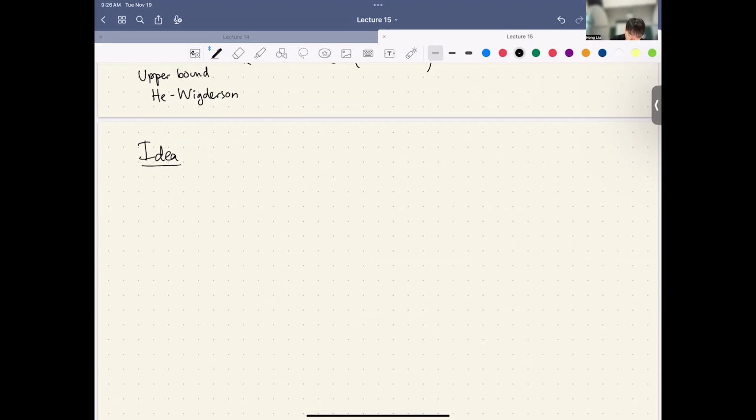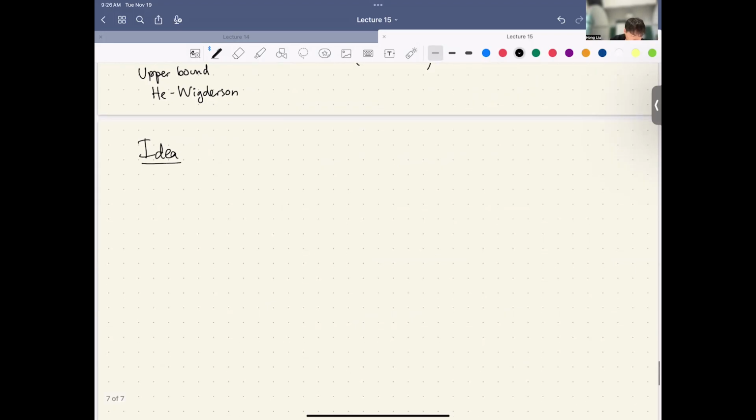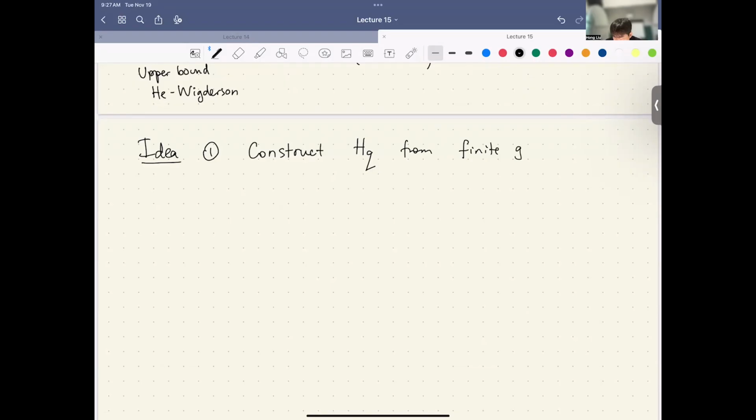The construction has 3 steps. In the first step, we construct a graph from finite geometry. We call it H_q. Now let's list the properties.